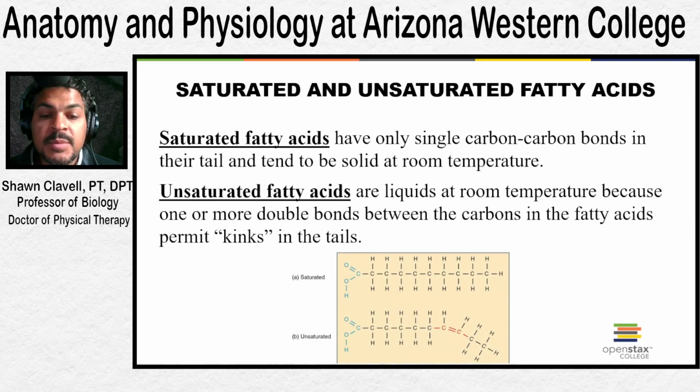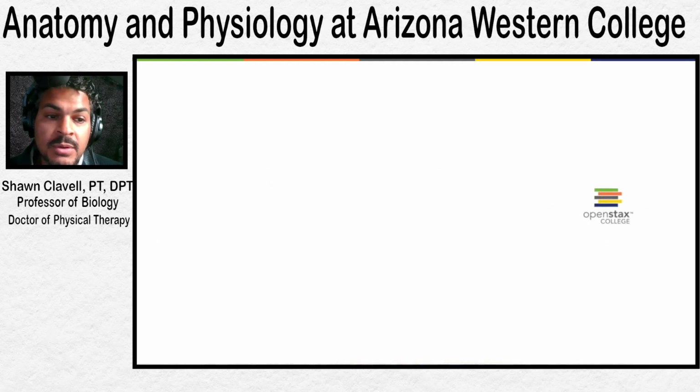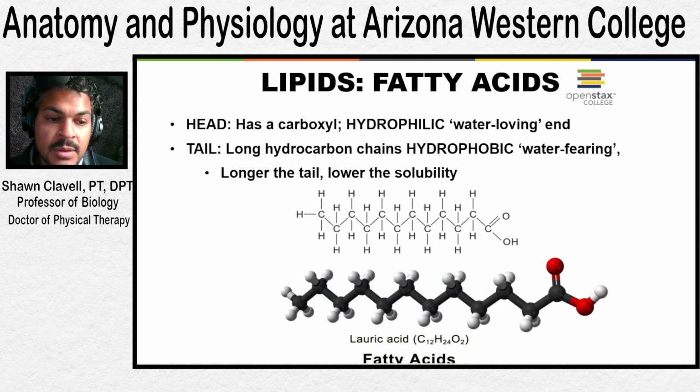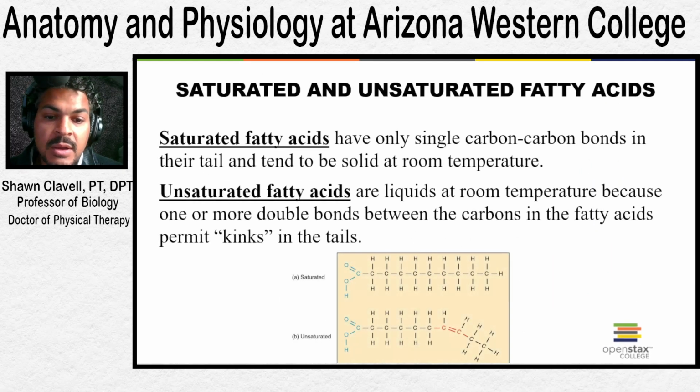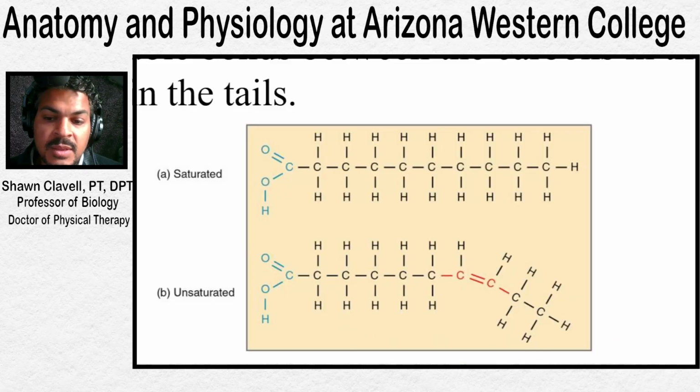Fatty acids can be either saturated or unsaturated. A saturated fatty acid has no double bonds between the carbons of the fatty acid. That means the acid has the maximum amount of hydrogen atoms. These saturated fatty acids are generally solid animal fats like butter.